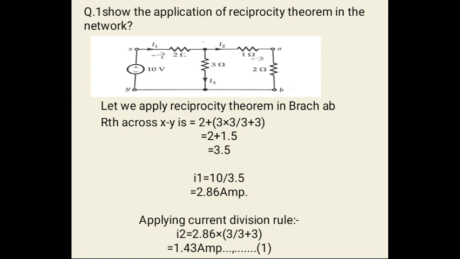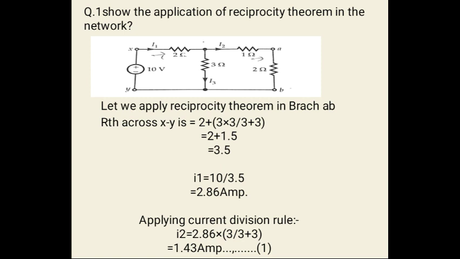There are 3 branches, in which resistances of 2 ohm and 3 ohm are connected. First of all we find the value of source current. To find the value of source current, we find RTH across the XY terminal. So across the XY terminal, R equivalent is 2 ohm plus 3 parallel 3, that is 3.5 ohm.